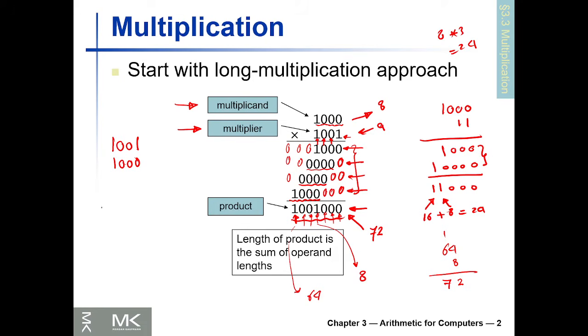But if you multiply 11 by 1000, then you're gonna have 4 operations here. For example, 0 multiplied by 11 will give you 00. Then we shift again 00, shift again 00. Then at the end you're gonna have 11, so 1 shift, 2 shifts, 3 shifts.